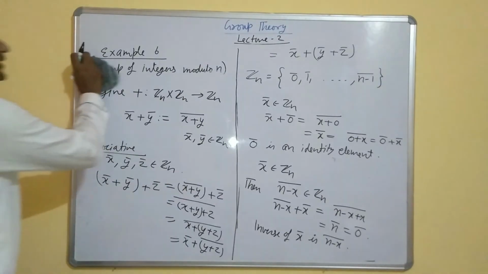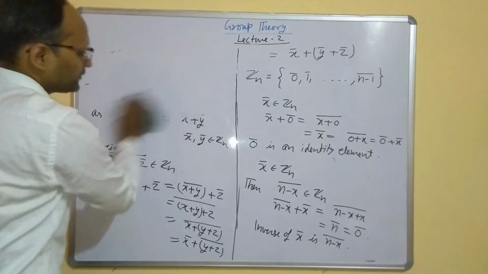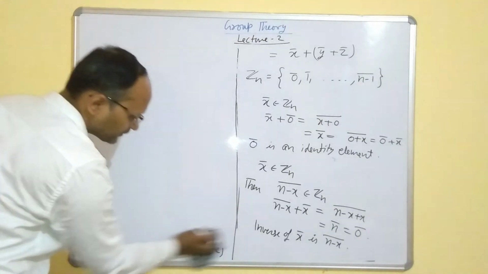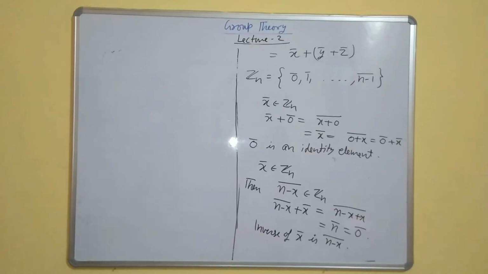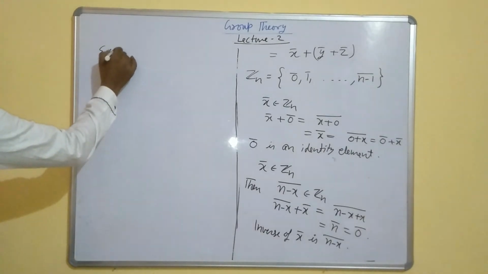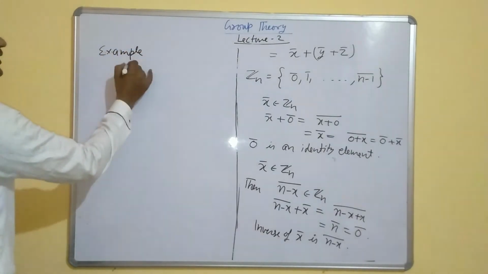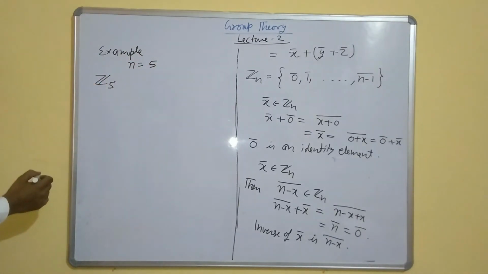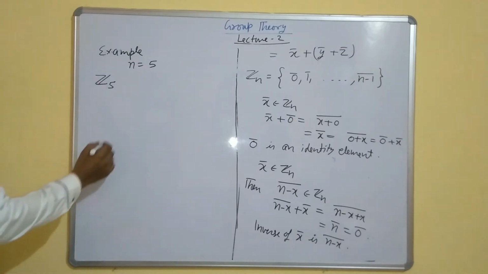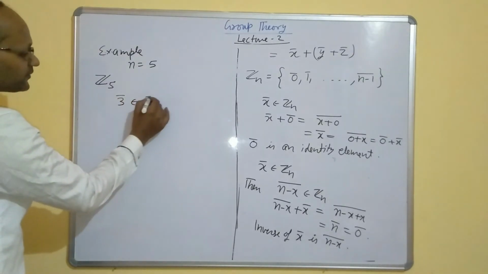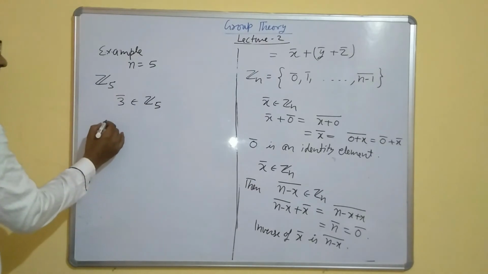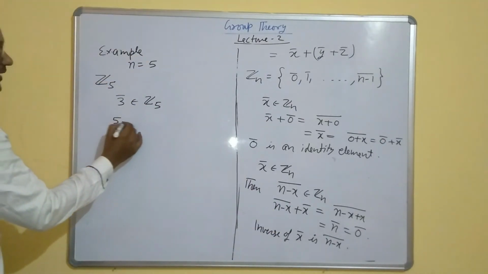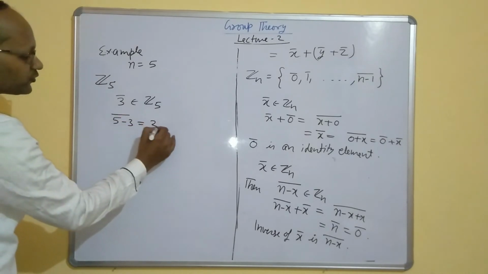Is it okay? For example, let me do it for n equal to 5. So we have Z5, and I take 3 bar in Z5. Then n minus x means 5 minus 3 bar, that is 2 bar.